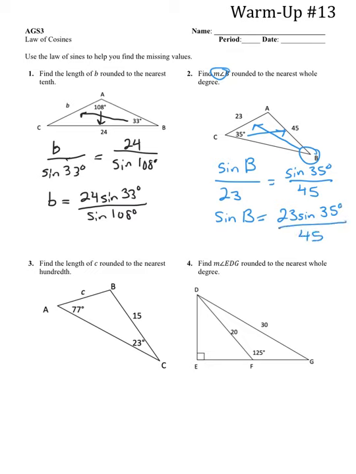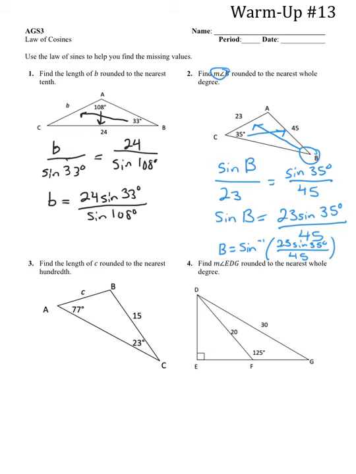We multiply both sides by 23, and we get 23 sine of 35 over 45 equals sine of B. Then we'll get some weird decimal answer, and we take the sine inverse of that decimal answer. So B equals sine inverse of this.